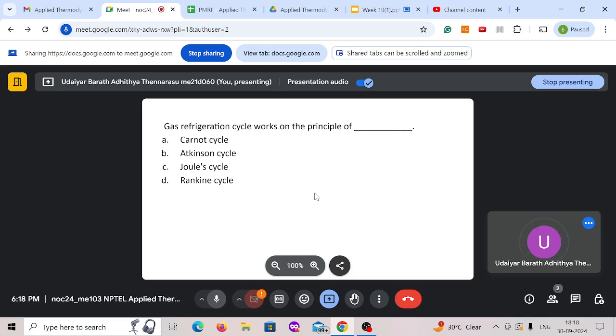Moving on, the next is, gas refrigeration cycle works on the principle of dash: A, Carnot cycle, B, Atkinson cycle, C, Joule cycle, D, Rankine cycle.